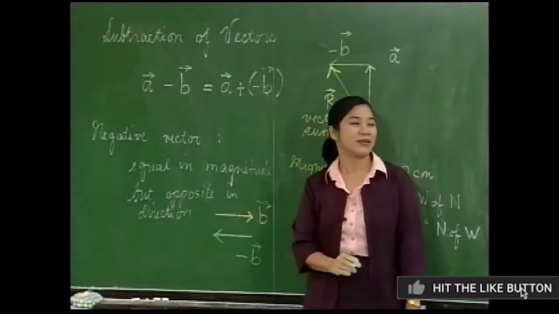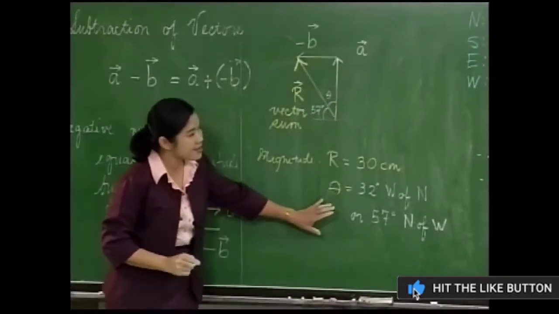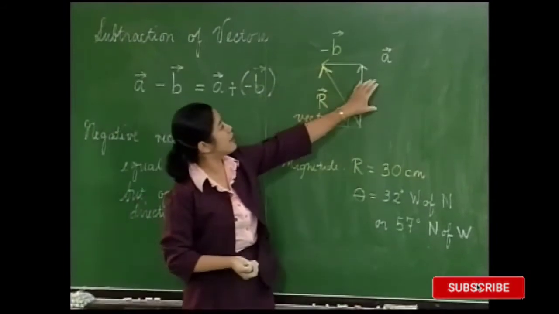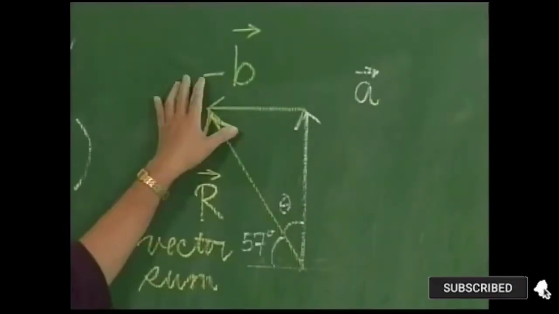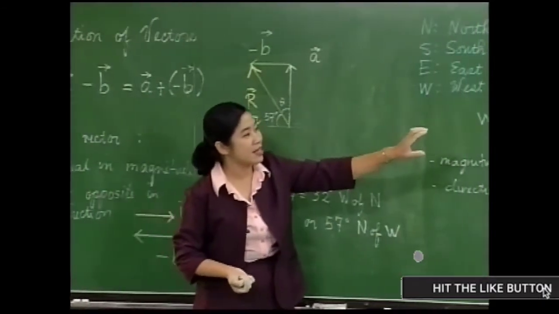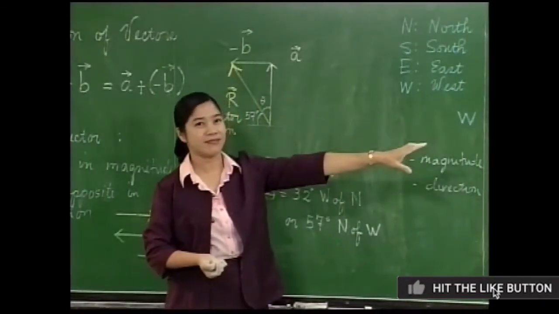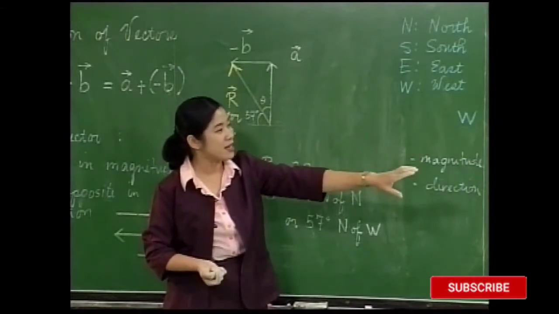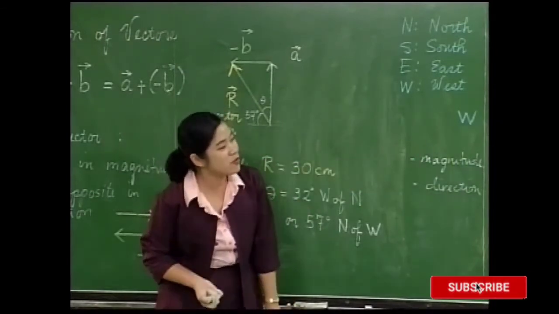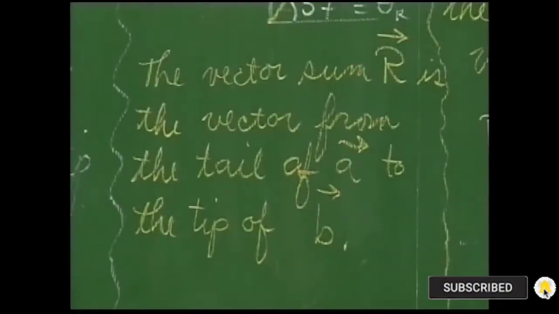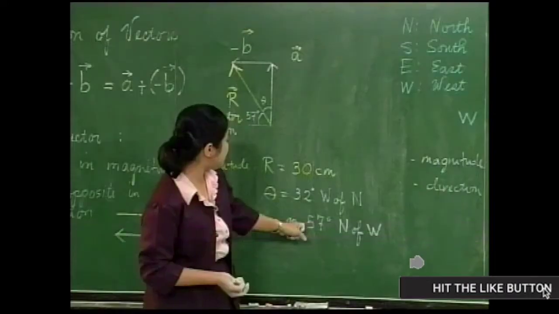Now, let me comment on something here. I worked with A minus B, and there I worked with A plus B. Some of you may have noticed that you don't get 90 degrees.